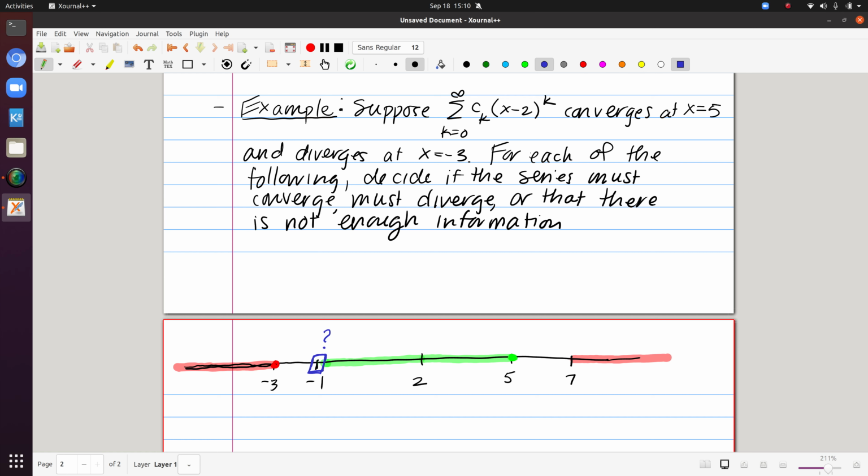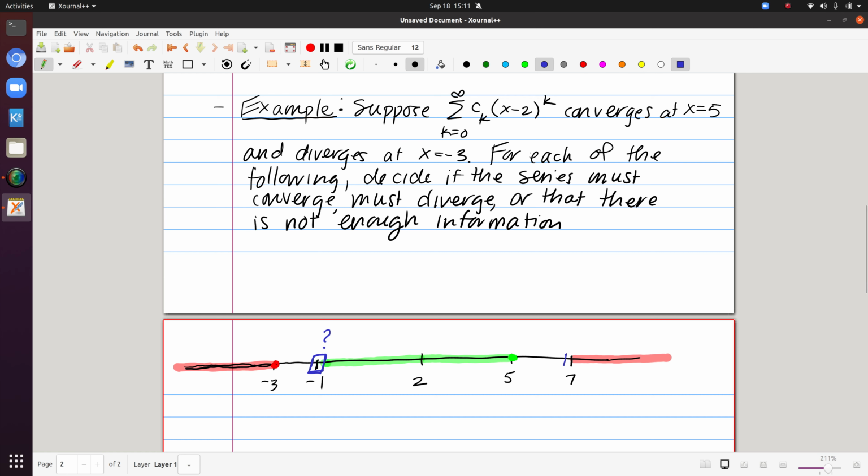Oftentimes it's confused that we must have convergence there. But we don't necessarily have to, because consider a situation where my radius of convergence is 3. Then it's possible for my interval to include the right endpoint 5 and potentially not the left endpoint, or it might include it. So it could converge or it could diverge. So I don't have enough information to say anything about that point.